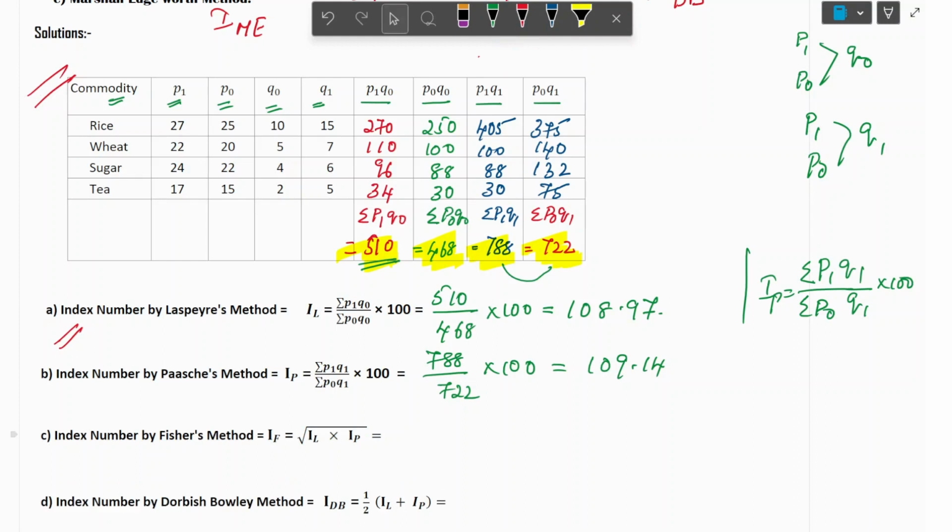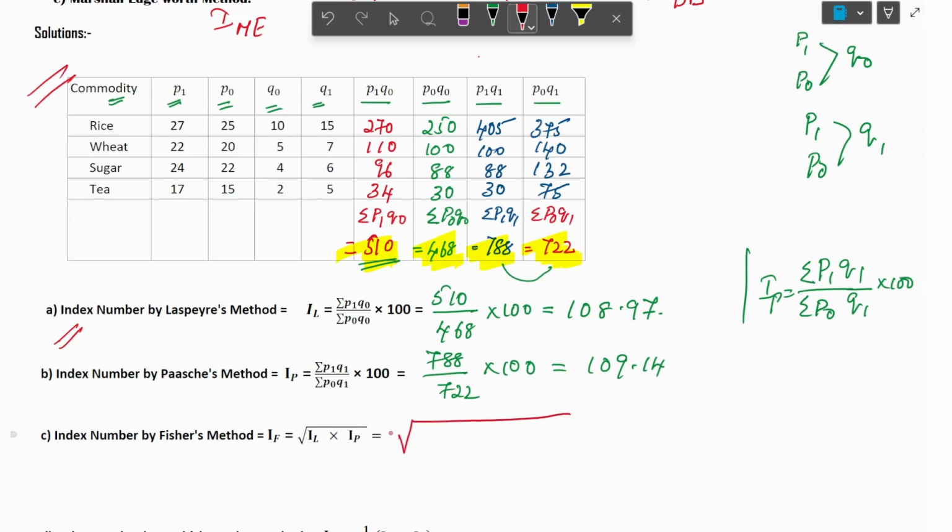Next you need to find Fisher's method index number, or it is called Fisher's index number. Here we are going to use the square root of IL into IP. IL is a value, IP is a value. Over here we are writing 108.97 into 109.14.